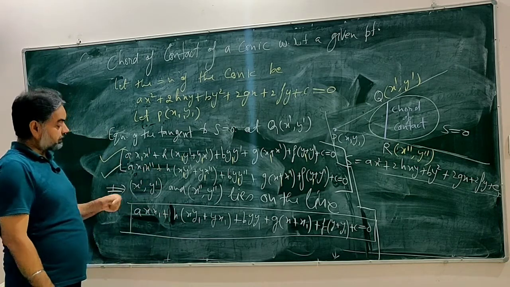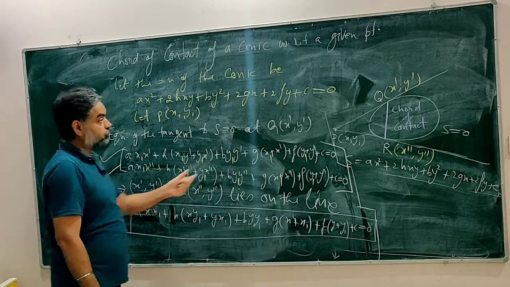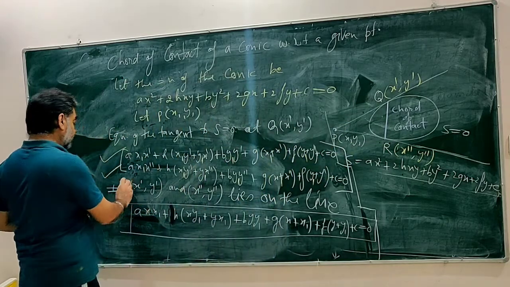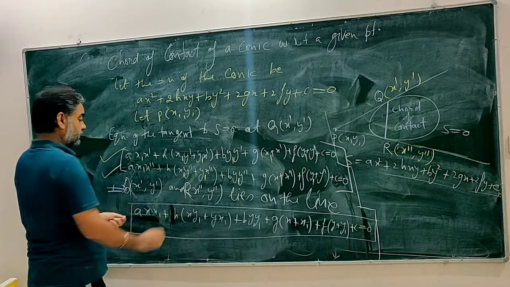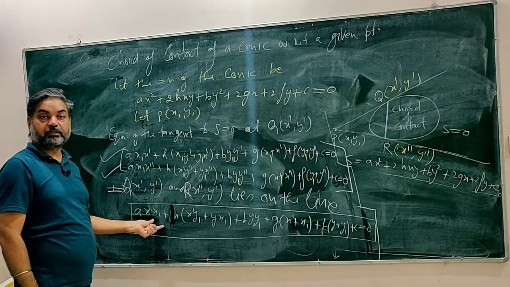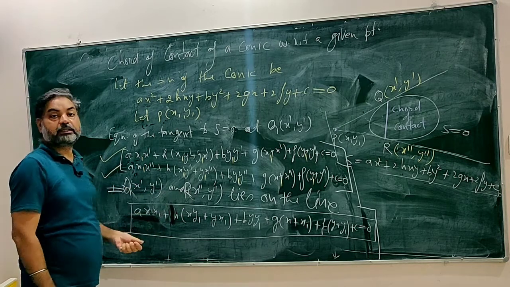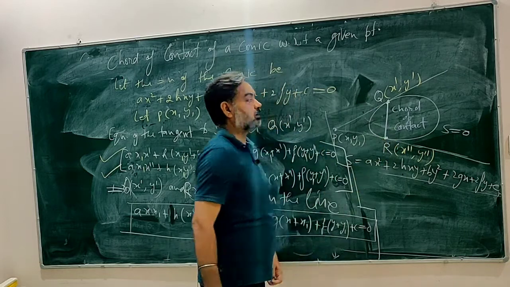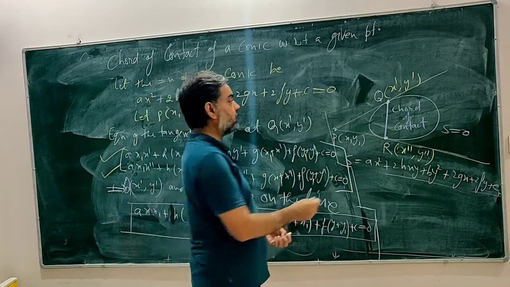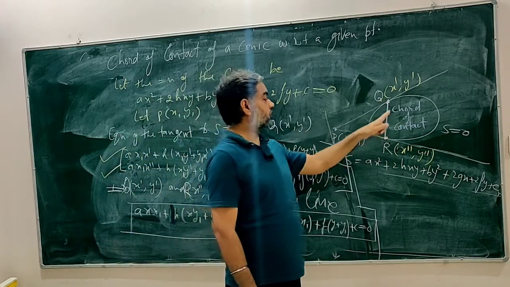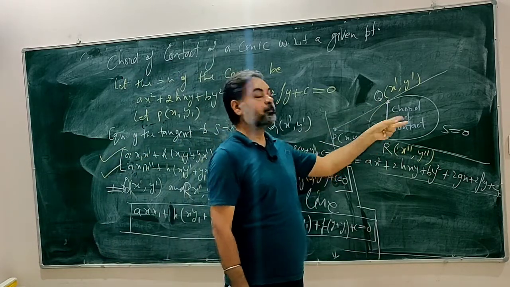So these two points, Q and R, lie on this equation of a straight line. And what is the line on which the points Q and R lie? The line on which the points Q and R lie is the chord of contact.